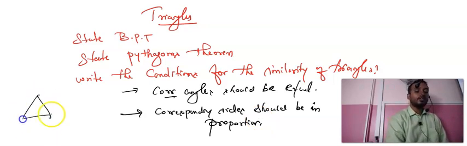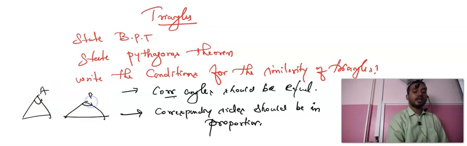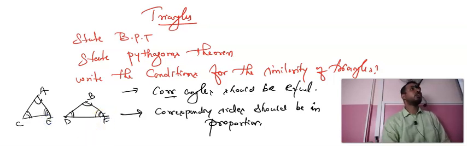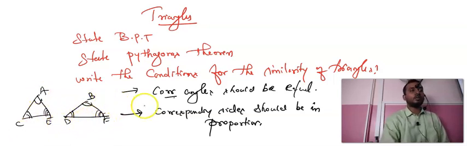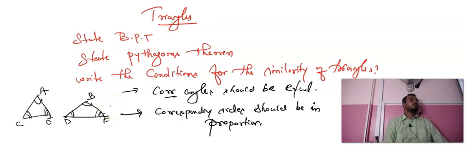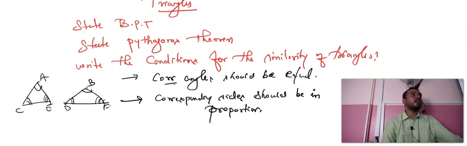If we take two triangles, angle A is equal to angle B, angle C is equal to angle D, angle E is equal to angle F. That is corresponding angles. Now AC is proportional to BD, AE proportional to BF, CE proportional to DF. So, these are the two conditions you should remember to say the triangles are similar.